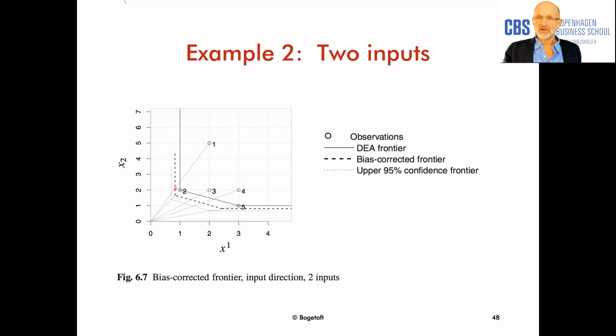And if you want to use the upper part of the confidence interval for the bias, because when you subtract that, that gives like the best case scenario, then you can get down to this line here with substantially more efficiency improvement potentials.